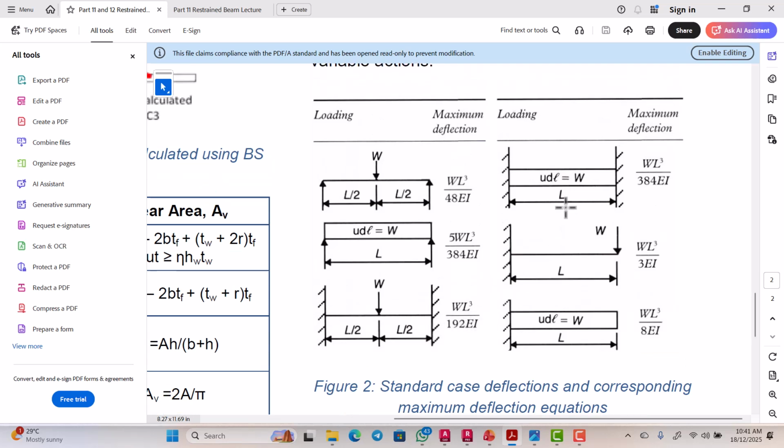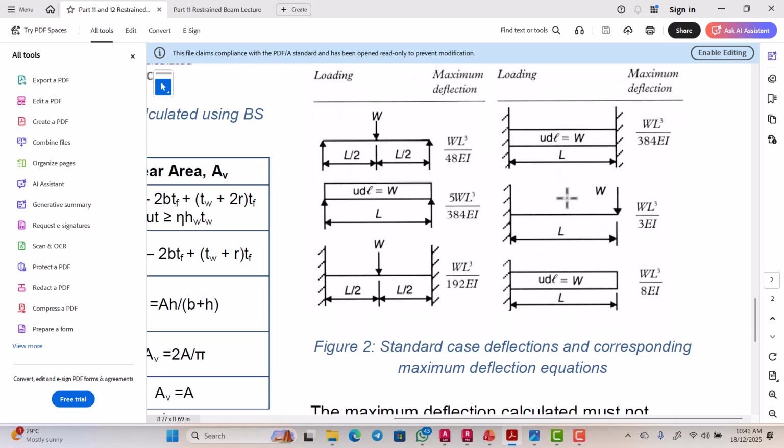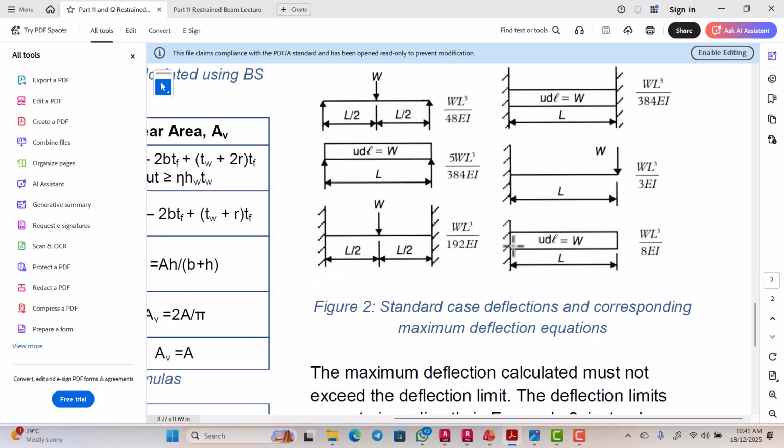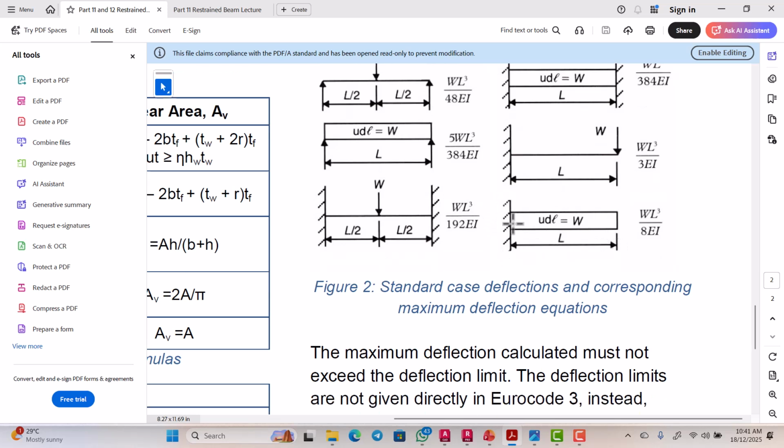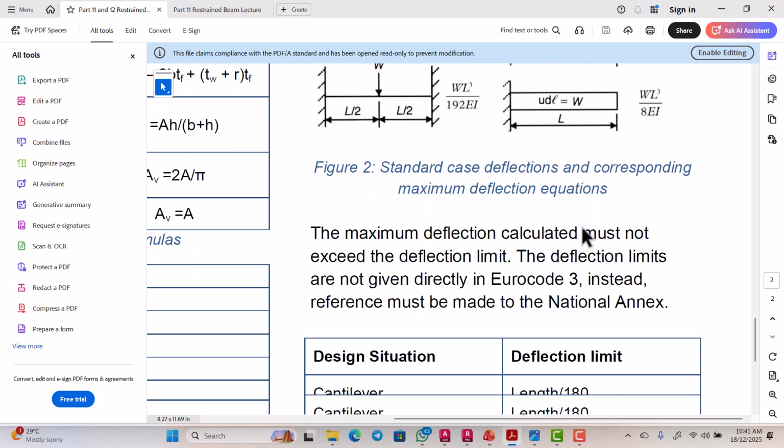Then for the UDL, we have fixed end, this is the formula for it. Now, where the beam is cantilevered, this is the formula for the deflection. Then for a propped beam, meaning that one side is fixed and the other side is propped, and it is a UDL, this is the formula to check the deflection.